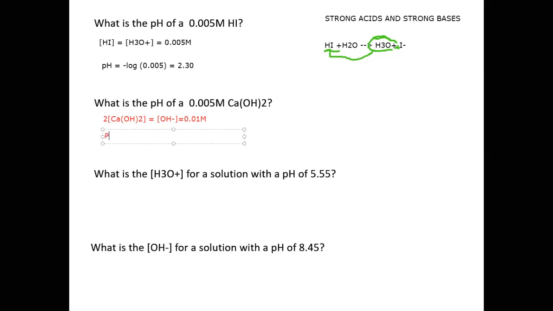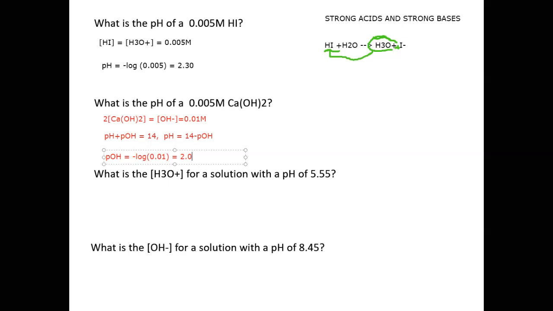Remember, pH plus pOH equals 14. So if we calculate the pOH, we can subtract it from 14 and get the pH. So pH equals 14 minus pOH. So pOH equals the negative log of 0.01, which would be 2, because the negative log of 10 to the negative 2 is 2.